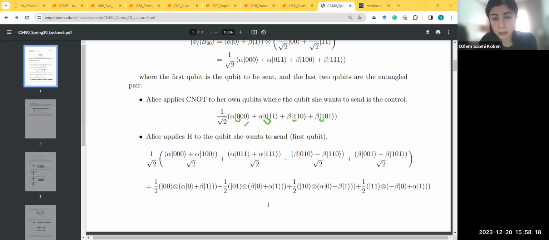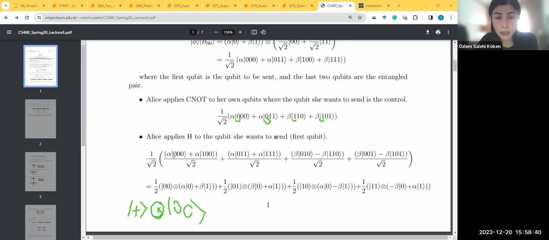So what happens mathematically if we apply Hadamard to the first qubit? This 0 becomes 0 plus 1 over square root 2. Therefore, it is like we have plus state tensored with 0, 0.